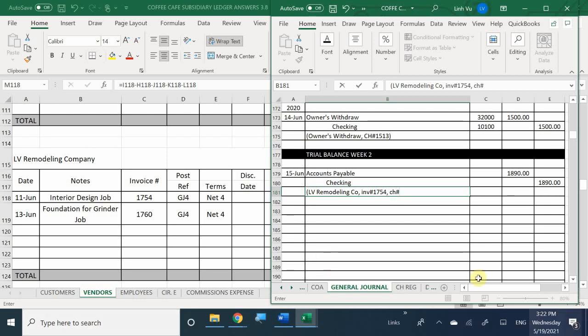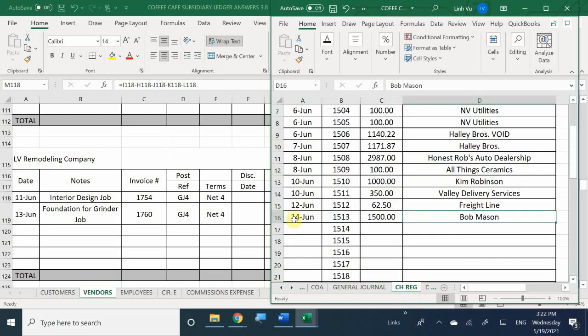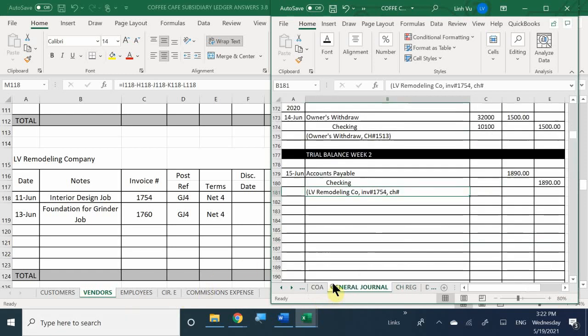So we'd go to the check registry, 615, for the amount of 1890, LV Remodeling Company. And then go back to the journal and put our notes in with the check number and invoice 1754.